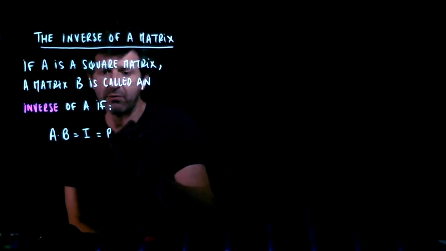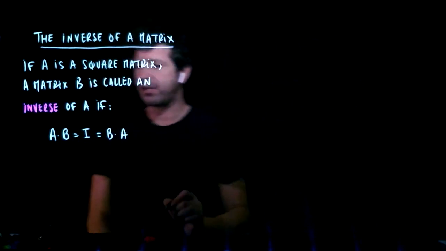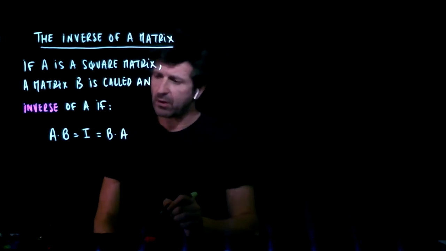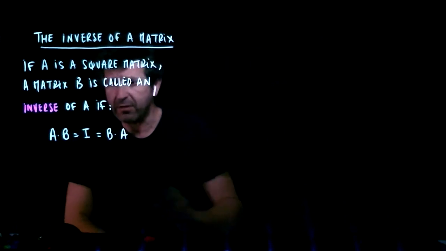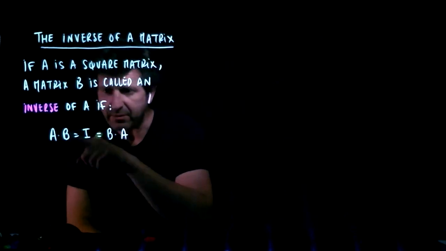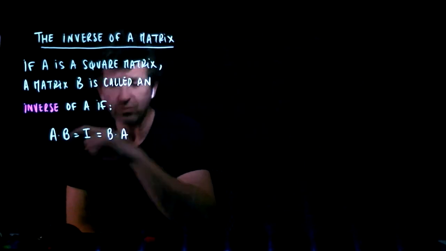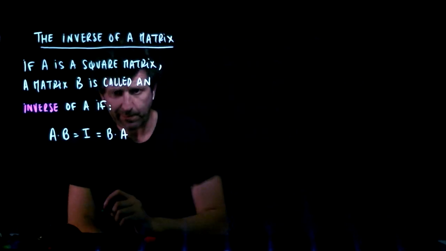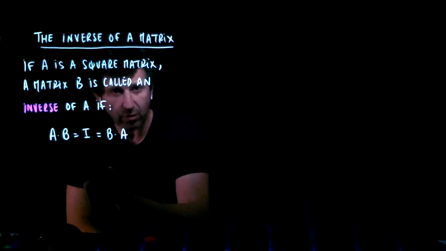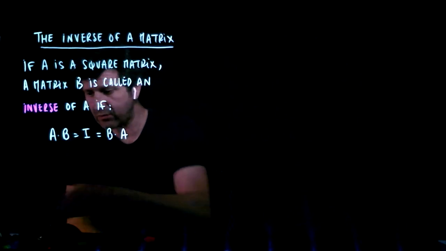And same if you multiply B by A. So in other words, the inverse of A is the matrix by which I must multiply A to get to the identity.